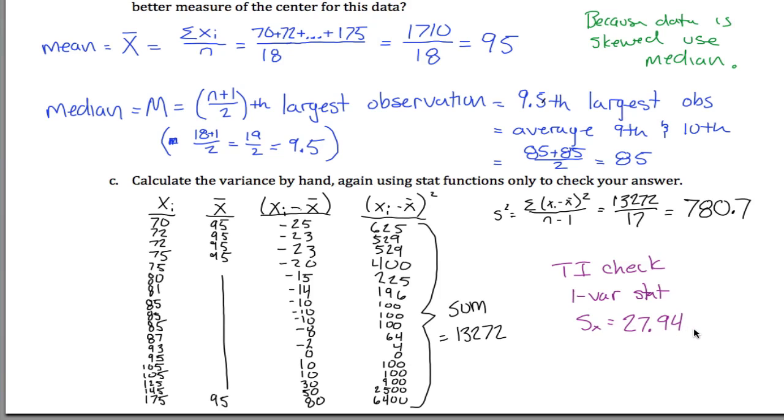And then if you square that number, what you get is our 780.7, which is good. That's a good little check.